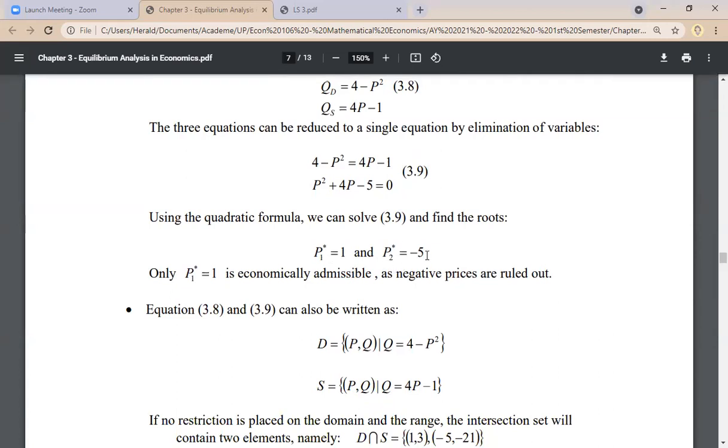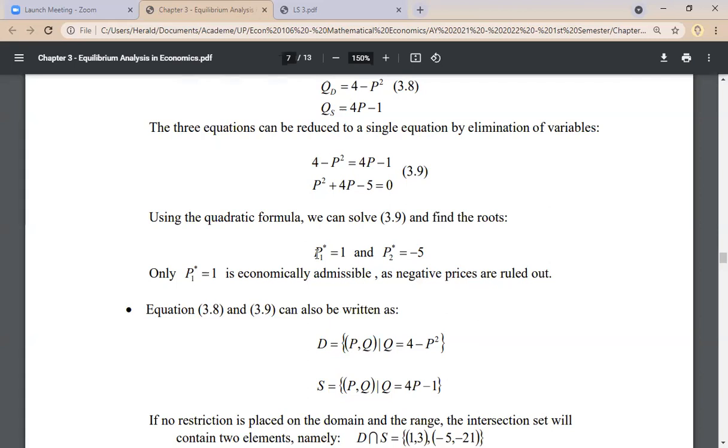Now, it is very obvious, class, that in terms of economic feasibility, we only have positive values. But then again, if it's another model and we don't know the theory well, it would be hard for us to distinguish which root we would be using.